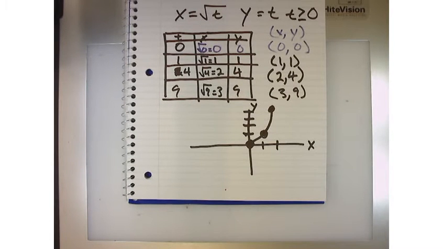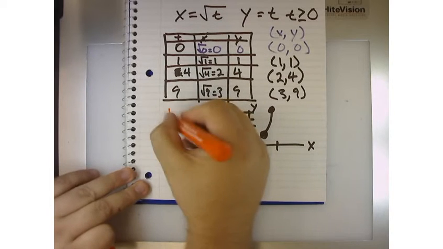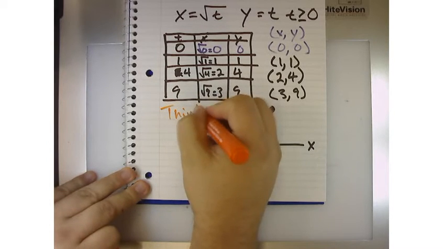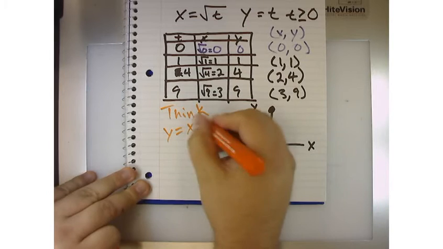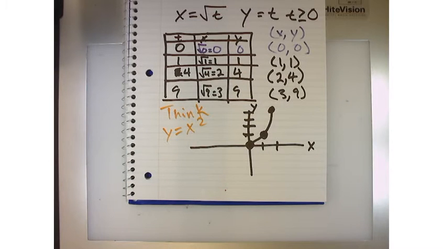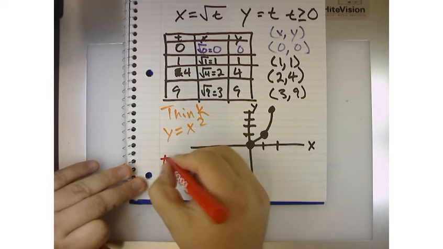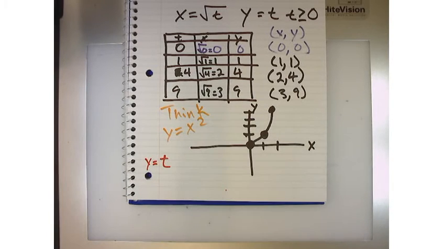Well, let's start with y, right? So we're going to think in our head, y equals x squared. That's what we're going to think. But we're going to start with y equals t. So we're going to start with y equals t.